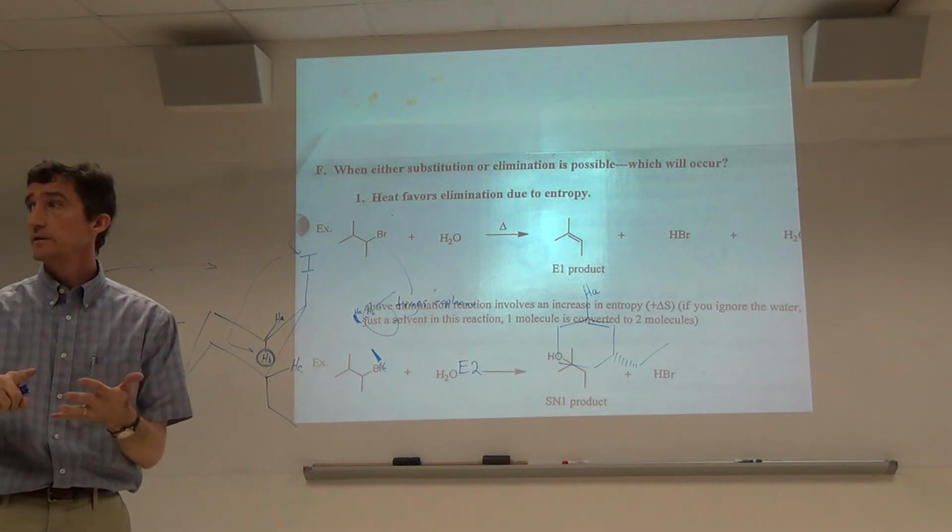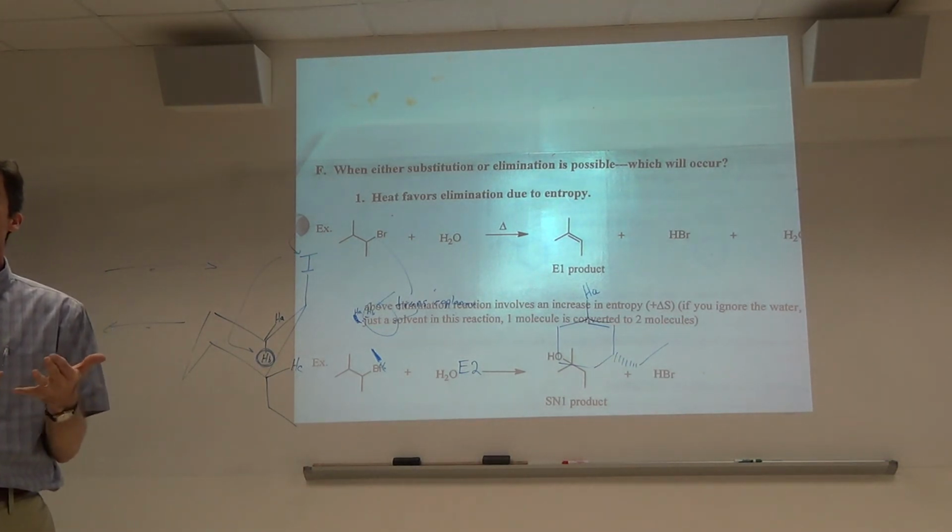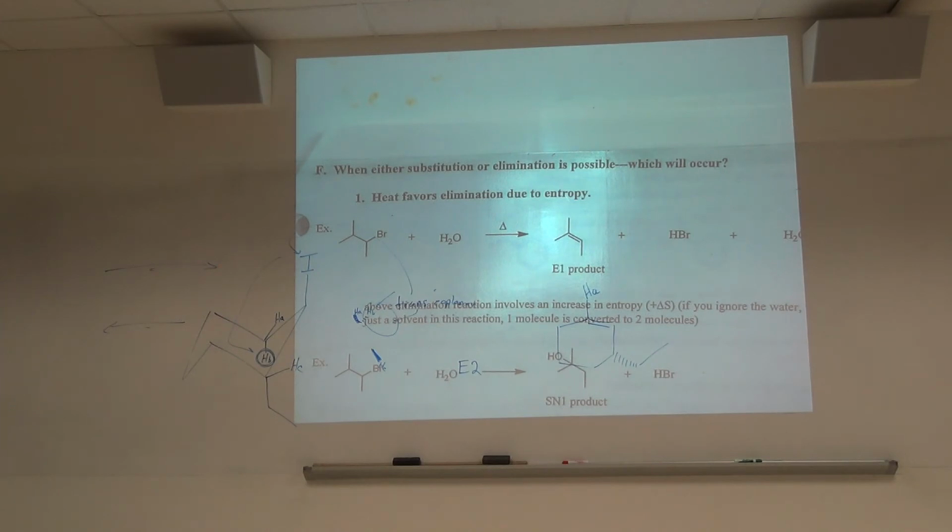Let's summarize. E1, weak base or no base at all. What product do you get with E1? E1 gives the most stable alkene. So if this alkene has possibilities, it's going to be E, trans. What does E2 give? It depends. Zaitsev is preferred. If you can, in that last reaction of green, did we get Zaitsev?